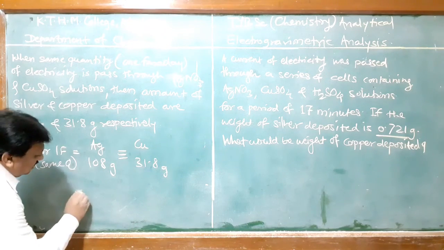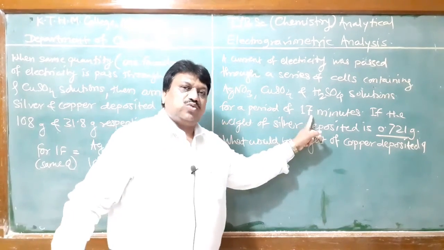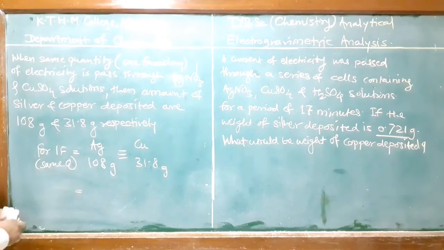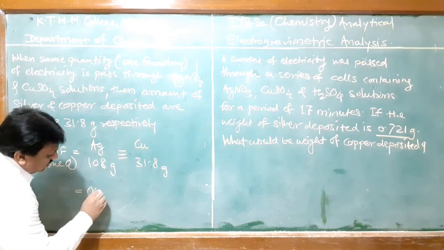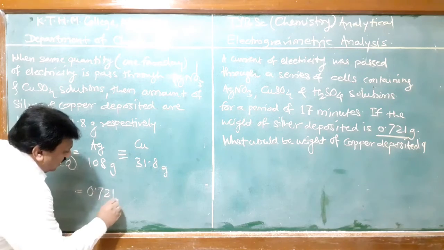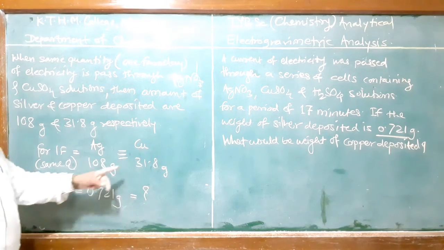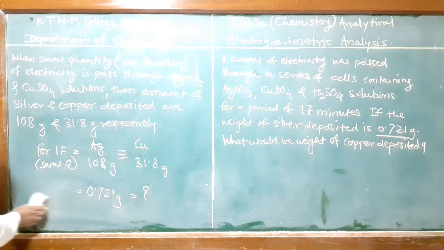And for the quantity which we pass for 17 minutes through the electrolyte solution, silver is deposited 0.721 gram, so we have to find out how much copper is deposited.